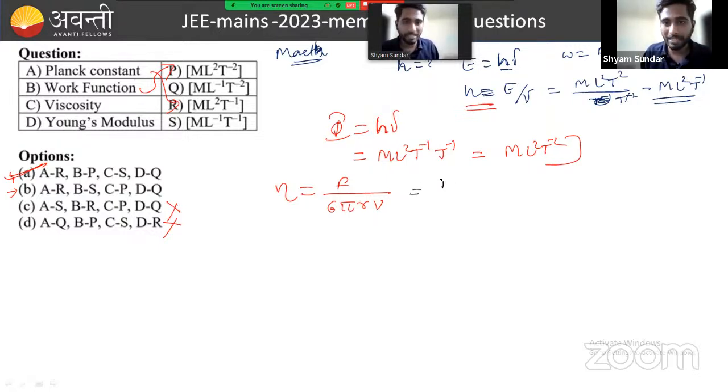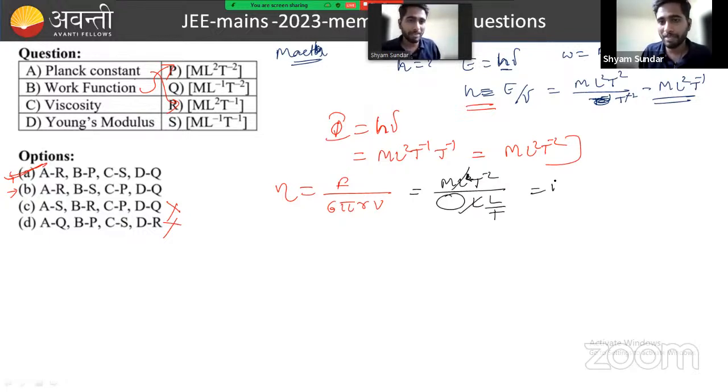For force we can write m L t to the power of minus 2, divided by 6 is constant, pi is constant, no need to worry. Then r is a radius, then it will become meter, and then velocity, meter per second.